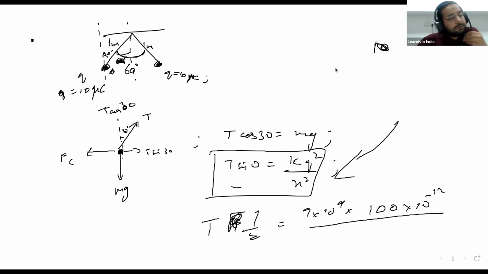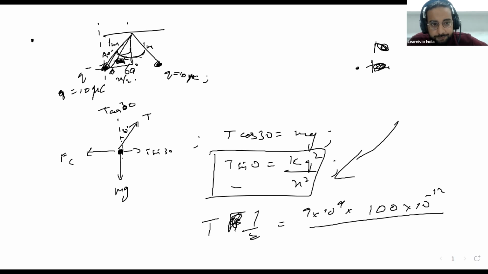Is there an easier way to do this? Yes, there is an easier way of doing this. Why do I want to even substitute the whole thing when you're given theta? You already know that in this triangle here, the L is given to you to be 1 meter, and this whole thing is x, so this is x over 2.